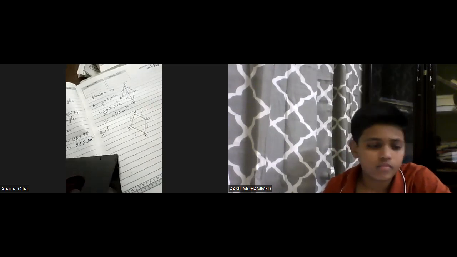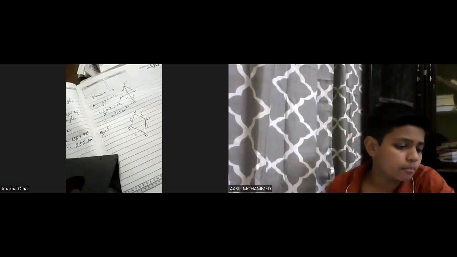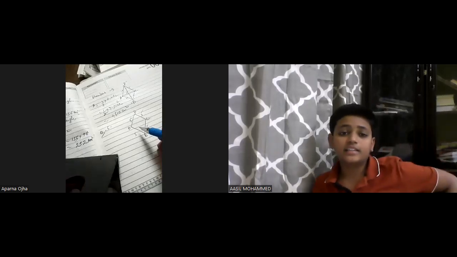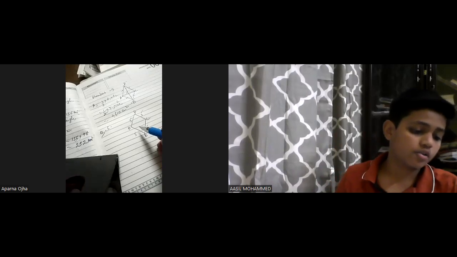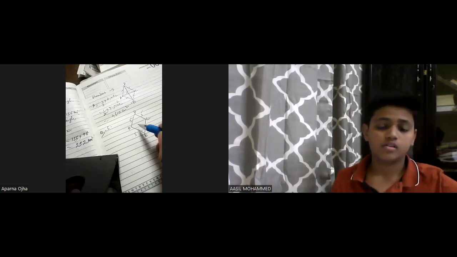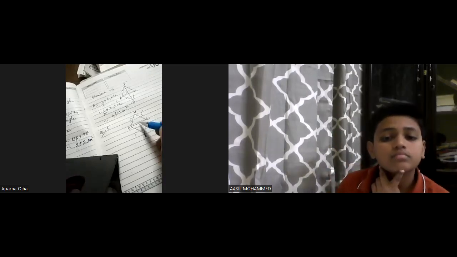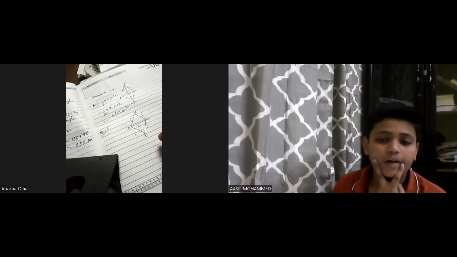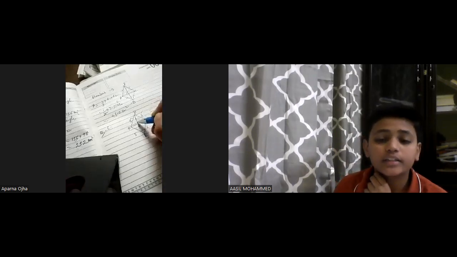Then what is given next? If one diagonal is 8 centimeter long. You can write any one diagonal. Suppose this is 8 centimeters. And one more thing is given: altitude is 4.8.